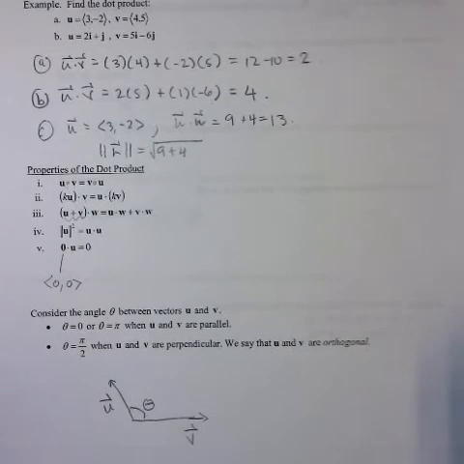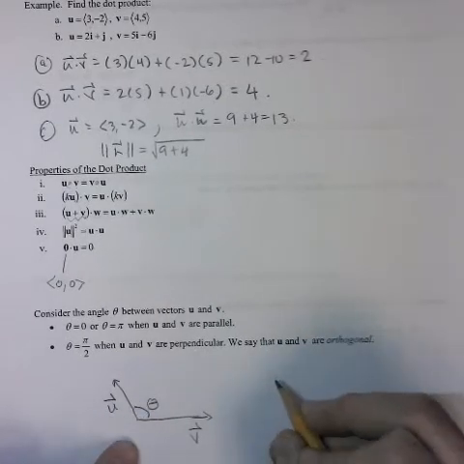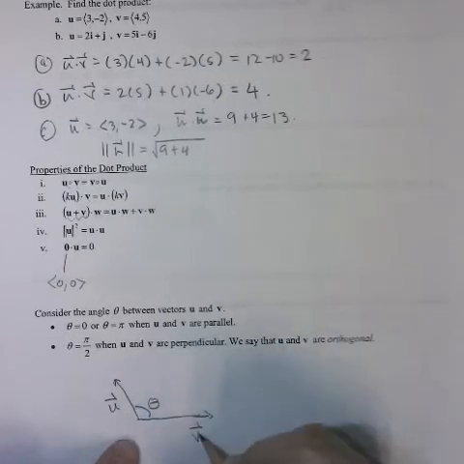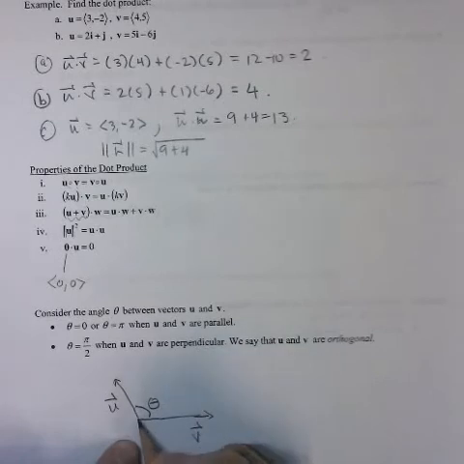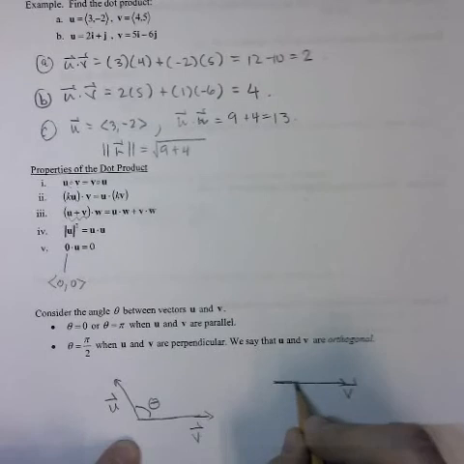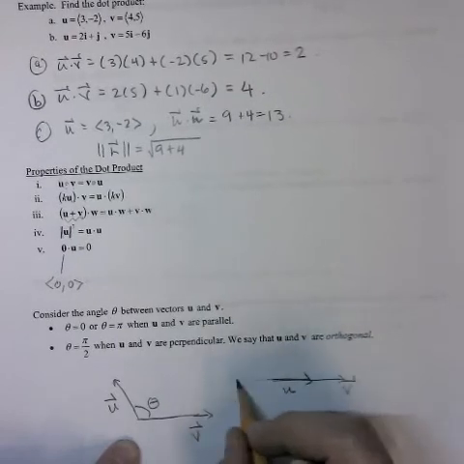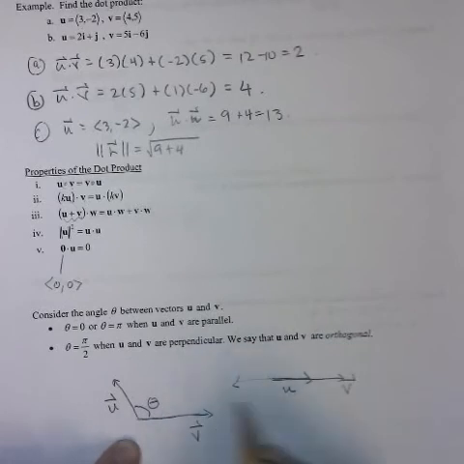If theta is 0 or pi, then we say that these two vectors are parallel. That would give us either u runs with v or u runs the opposite, right? That's what this is saying. Then those are parallel vectors.